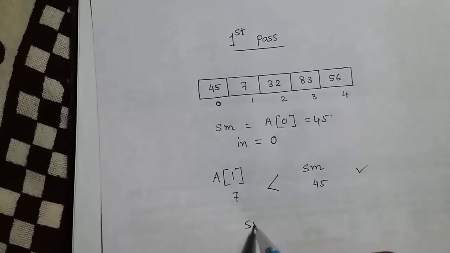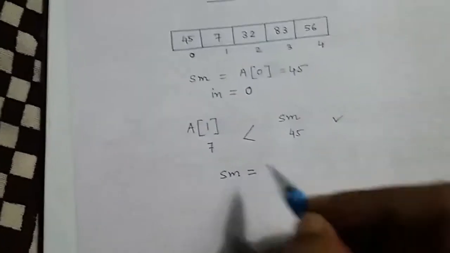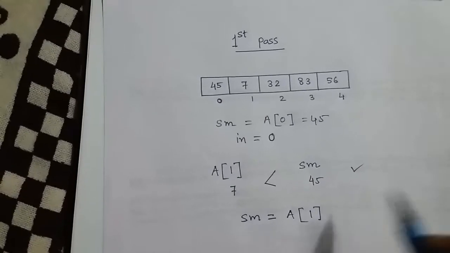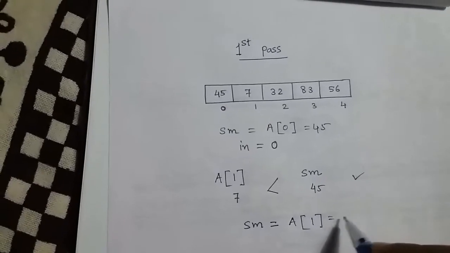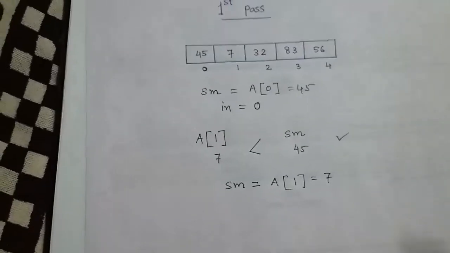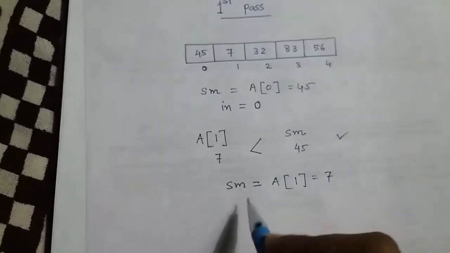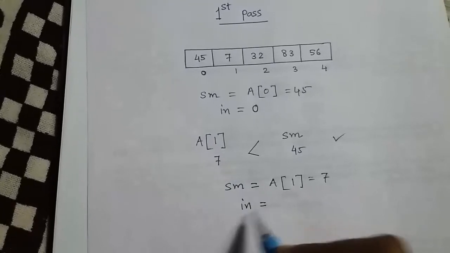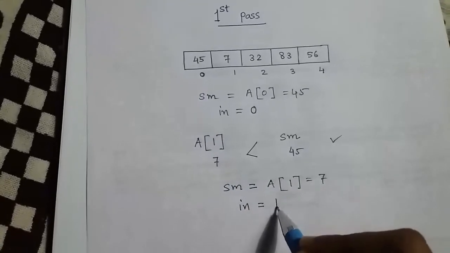So I am writing the new value of sm, that is sm equals a of 1, that is 7. So the index will also be changed for the sm, that is in equals now 1.